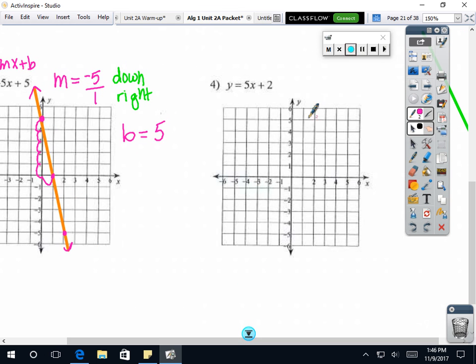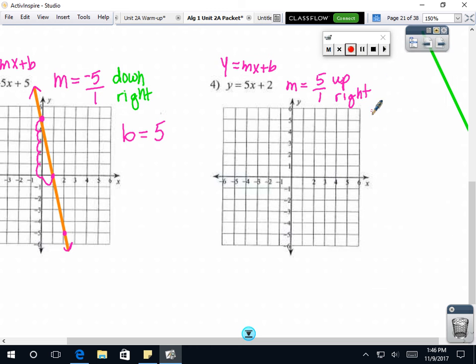Okay, number 4. Y equals mx plus b. What is the m? Correct. So that means we're going to go what 5? Up 5 and right 1. But before we can do that, we have to plot our starting point at 2. That's our y-intercept. And then from there we go up 1, 2, 3, 4, 5 over 1, which really runs off the graph.